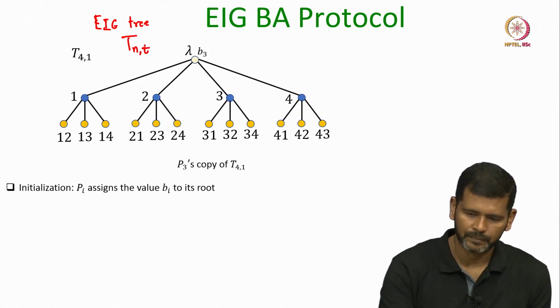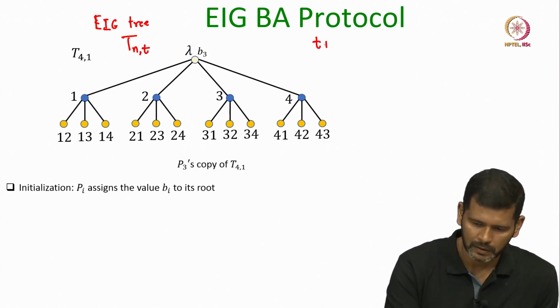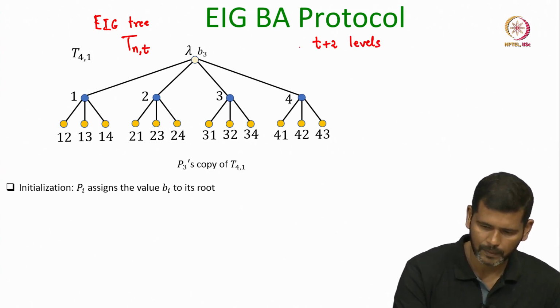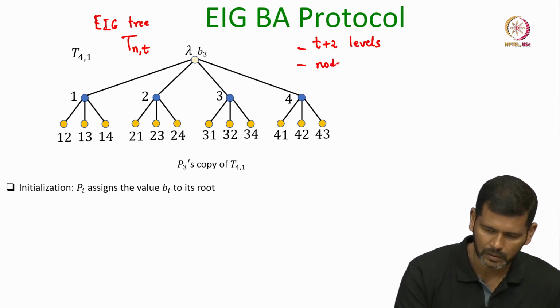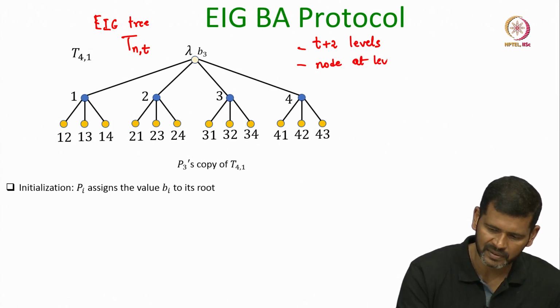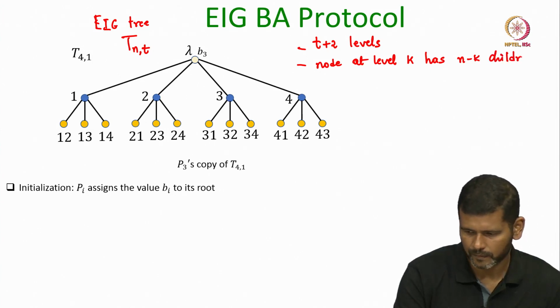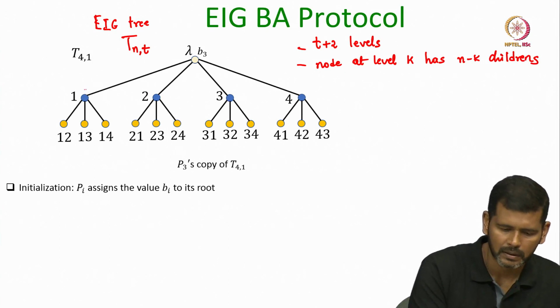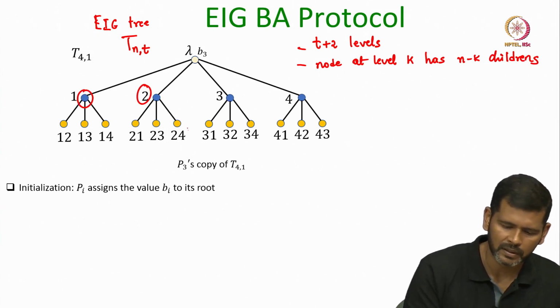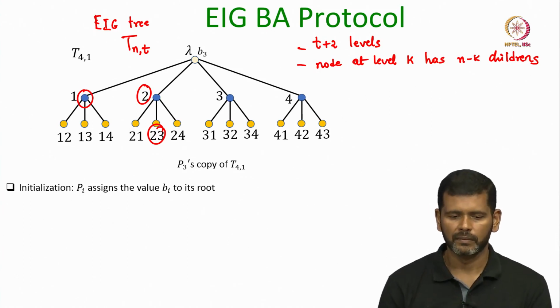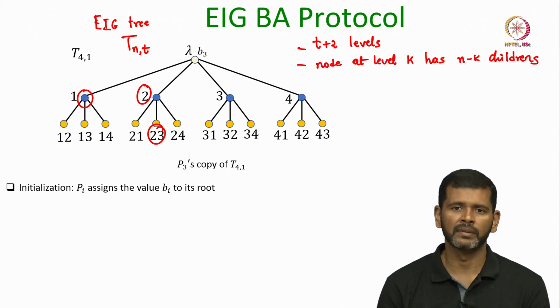And here we have t plus 2 levels. A node at level k has n minus k children, and we have labels associated with each node consisting of strings which have the identity of distinct parties.